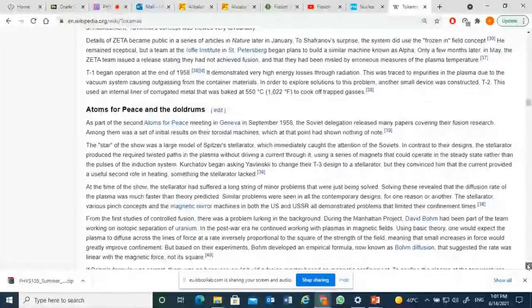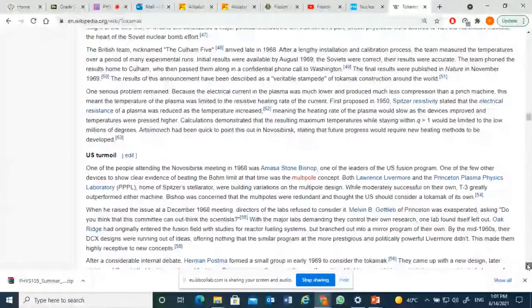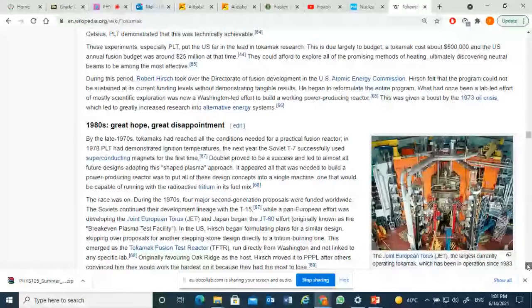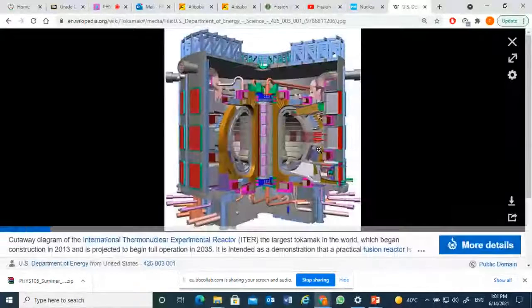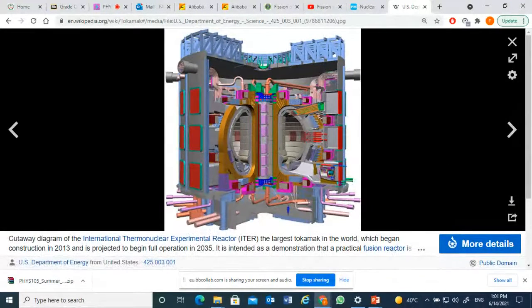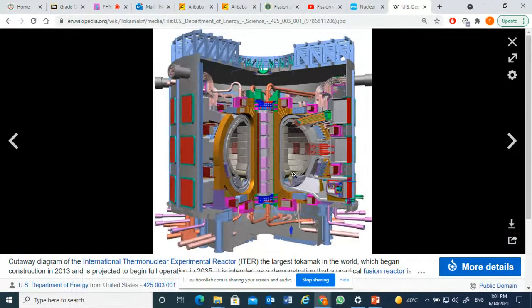And if you can do that, then you're going to be able to produce energy. So you can see how big these are. That's basically a Chinese, sorry, it is a Russian design. So they use magnetic fields to confine the plasma. They need the heat, but they have to confine it.